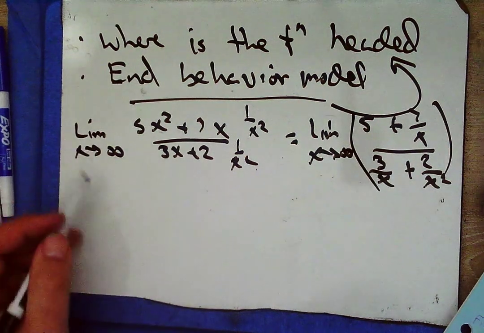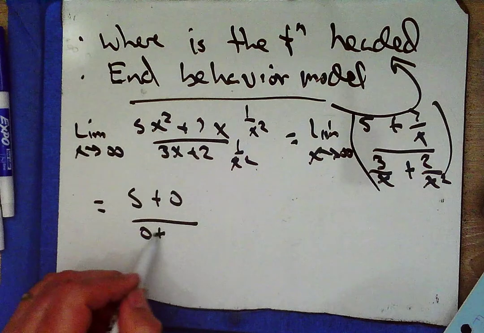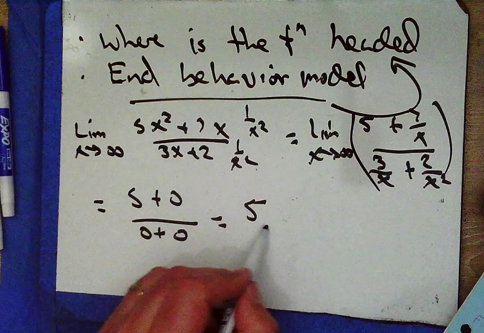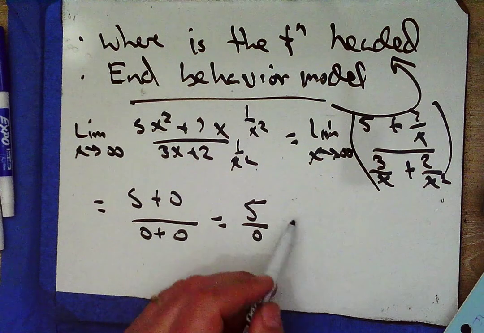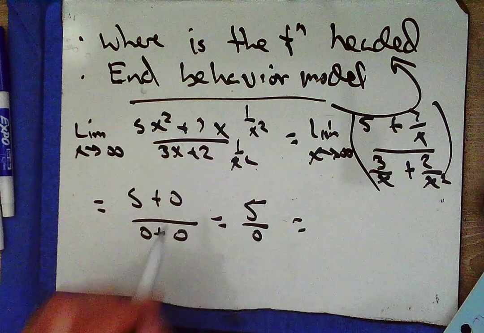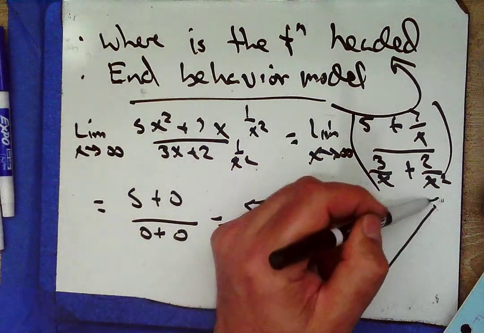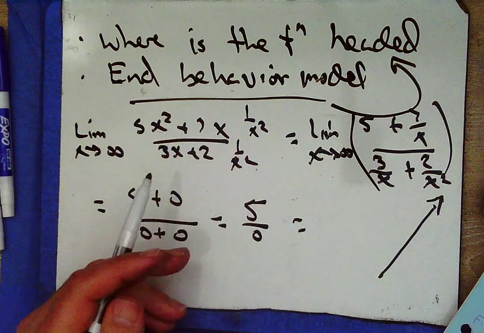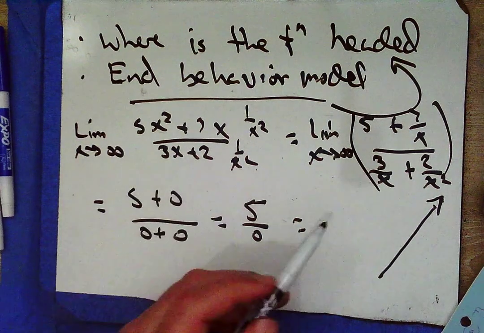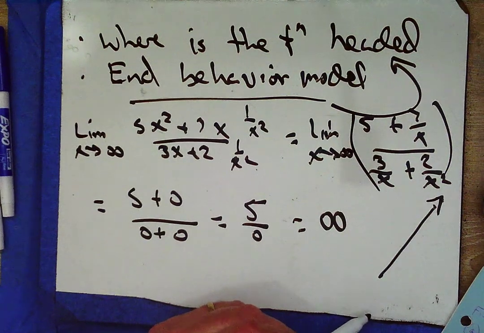And then when I plug my infinities in, that gives me 5 plus 0 over 0 plus 0, which is 5 over 0. And I'm not going to say undefined. I'm going to say, where is this function headed? Well, we know this function is headed up that way because we already found the slant asymptote. So instead of saying undefined, we're going to say this is headed towards infinity.